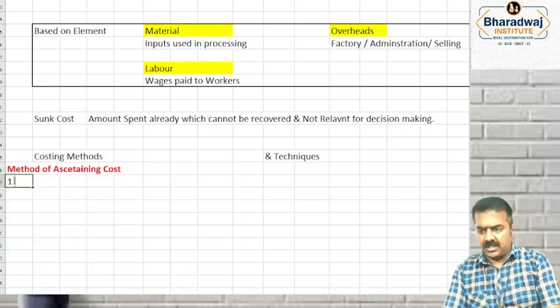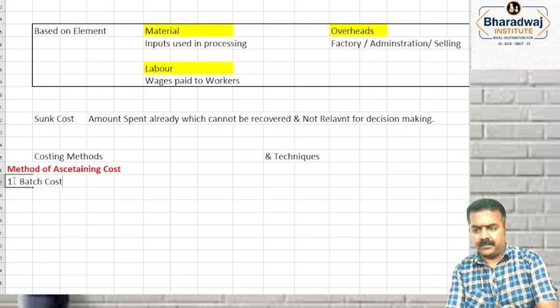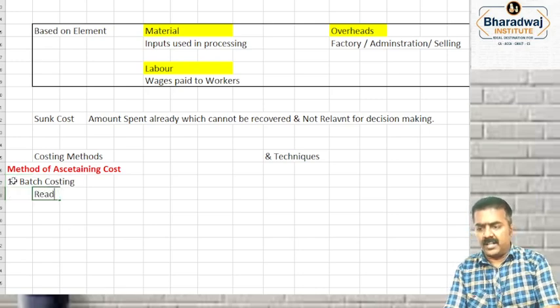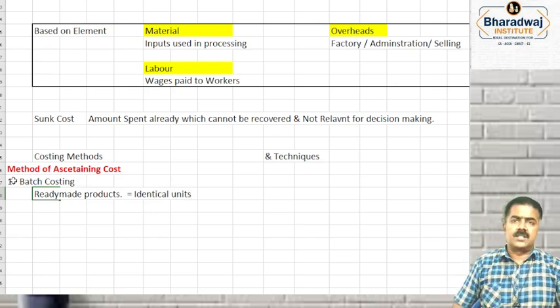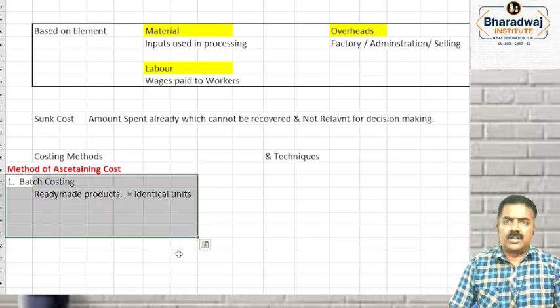The first one we call batch costing. Where will batch costing be used? Wherever you find ready-made products. A batch will consist of a number of identical units. They will follow the batch costing method.